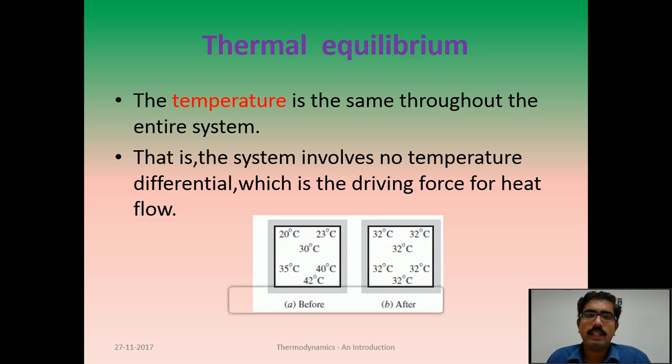But after the energy interactions, we can see in the next picture, all the gas molecules occupy the same temperature of 32 degrees Celsius. So if a system has a uniform temperature throughout, then we can call it thermal equilibrium.